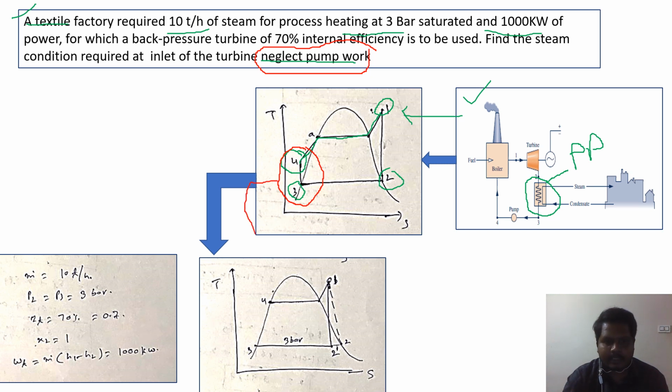So when you read this TS diagram, process 1 to 2 is the isentropic expansion process in the turbine, 2 to 3 is the process plant. After 3 there is no pump work because in the problem they have given that pump work is neglected. 4 to 1 is the heat addition in the boiler.